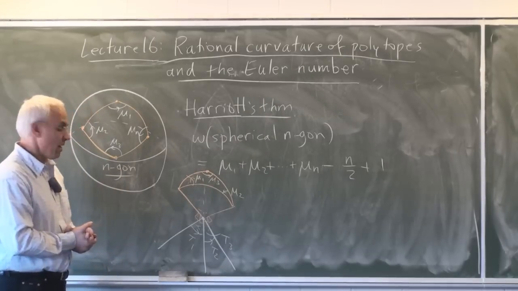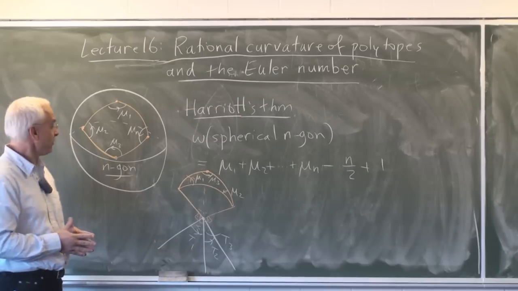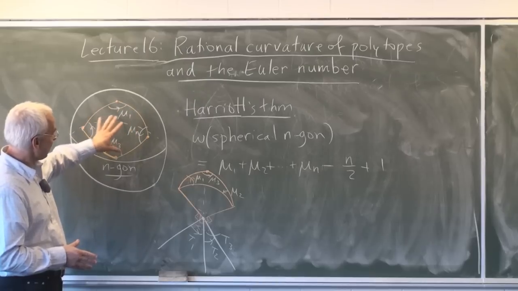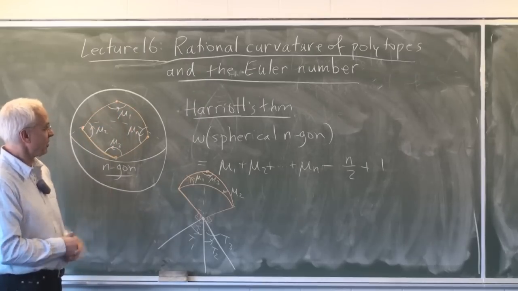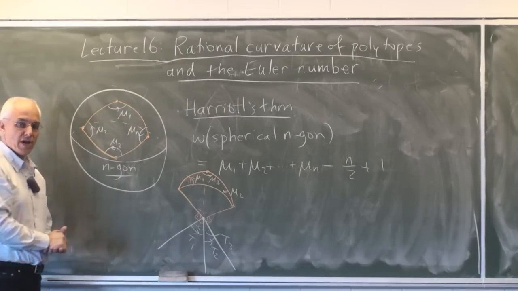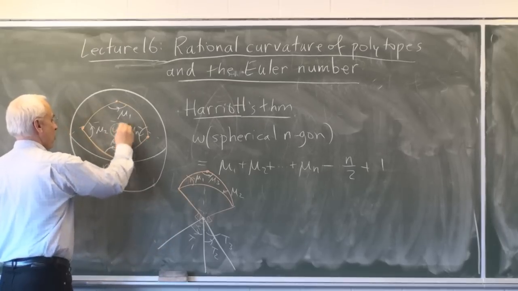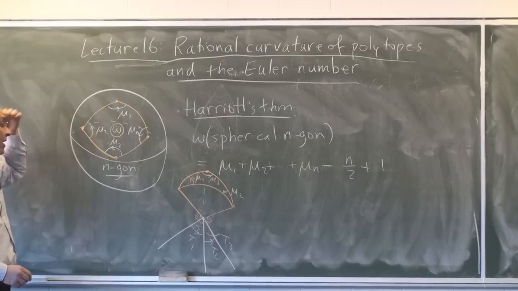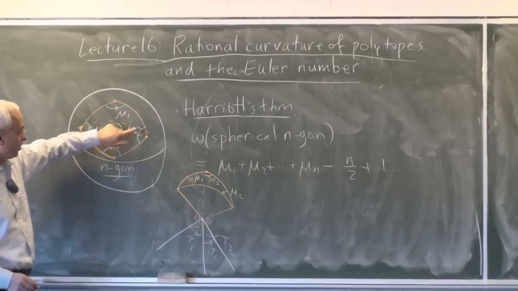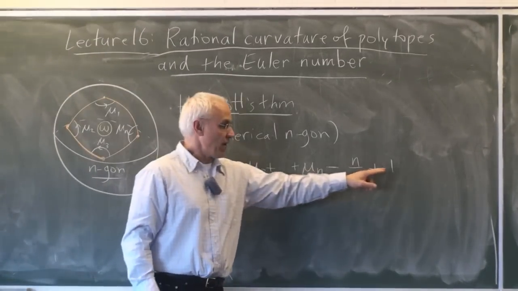First of all, we are talking about rational curvature, which is 1 over 2 pi times the usual notion of curvature. For a polygon on the surface of the sphere, a spherical n-gon, the total solid turn angle, calling it omega, is, by a theorem of Harriot, the sum of the individual internal turn angles minus n over 2 plus 1.